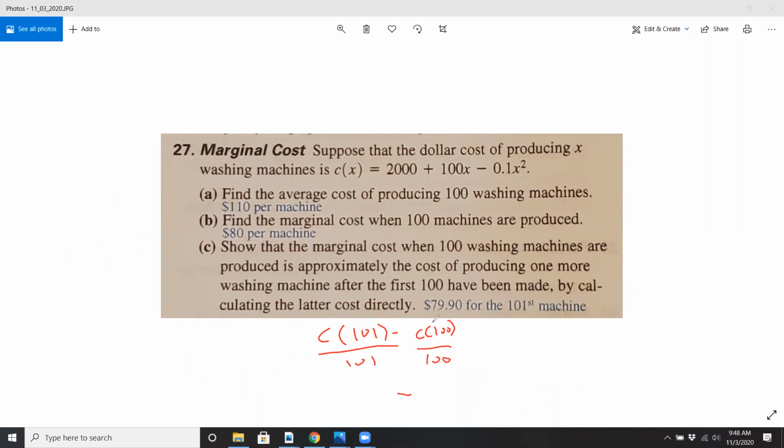We know that the average of making 100 machines was $110. And if you make 101 machines, if I were to do 2,000 plus 100 times 101 minus 0.1 times 101 squared, I get 11,079.90.